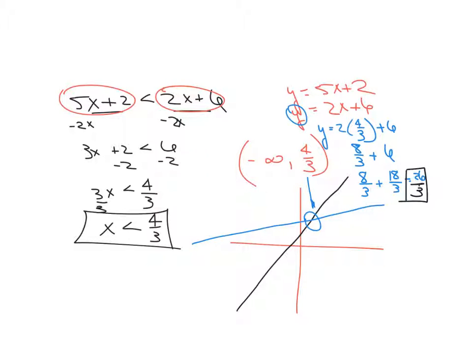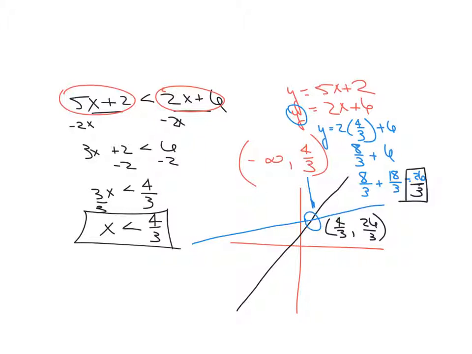So your y value would be 26 over 3. So that point would be the point 4/3, and then your y would be 26 over 3 if you wanted to graph the intersection point.